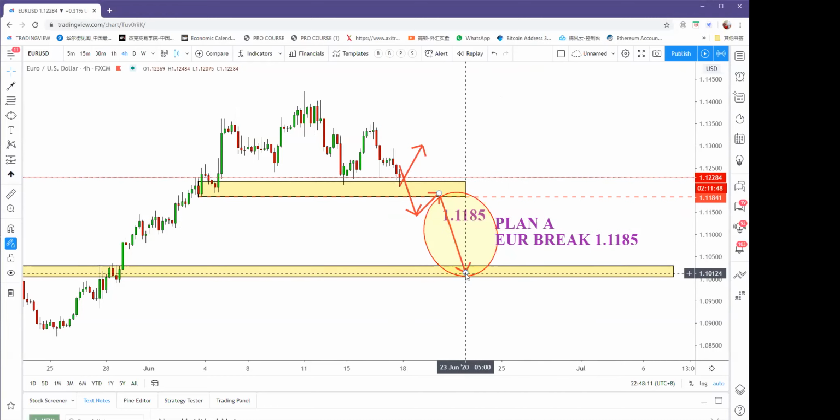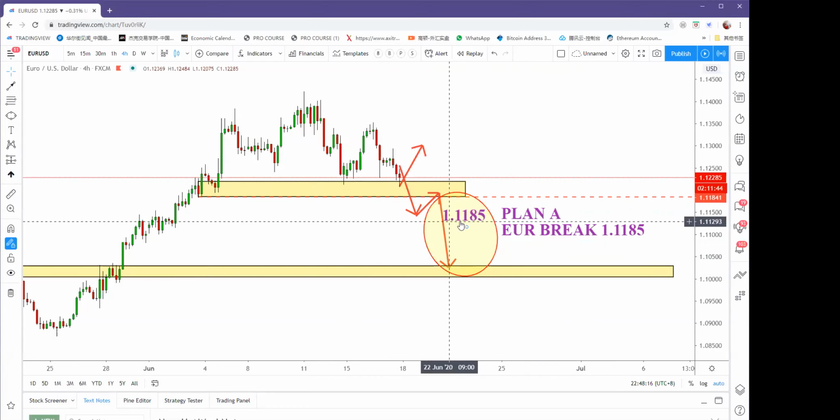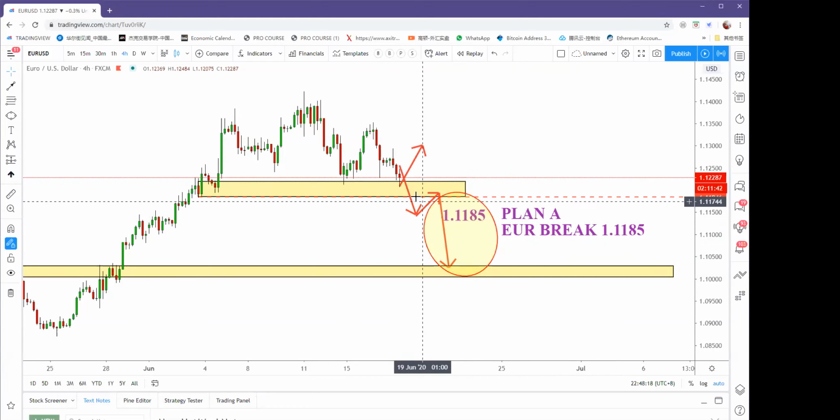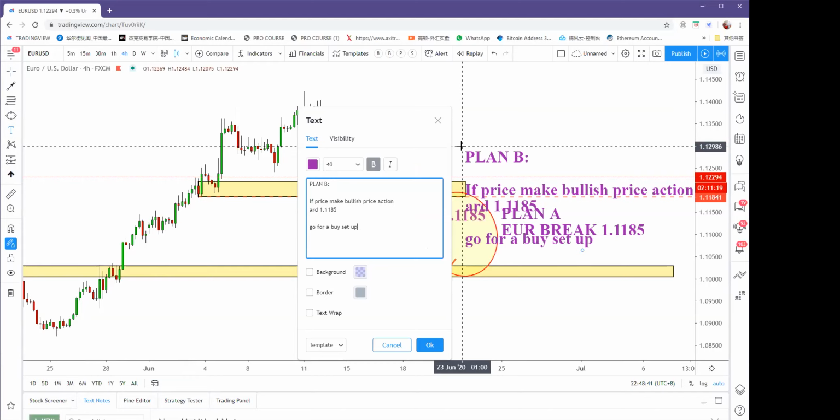Let's start again. Plan A: when the euro breaks 1.1185, capture the breakout and pullback sell. Plan B: if price makes bullish price action around 1.1185, go for a buy setup.